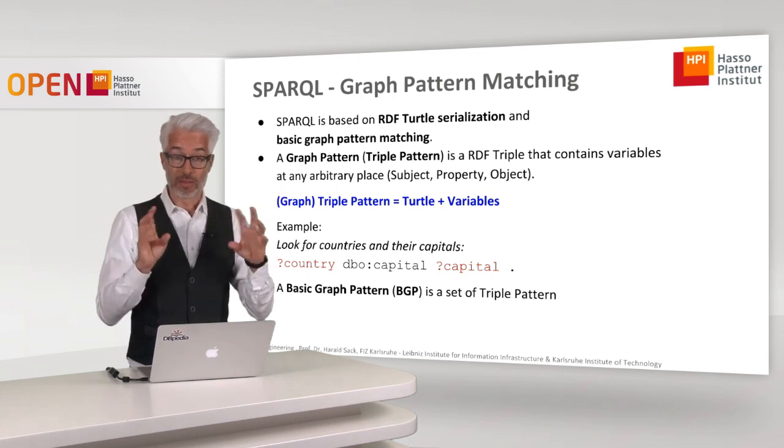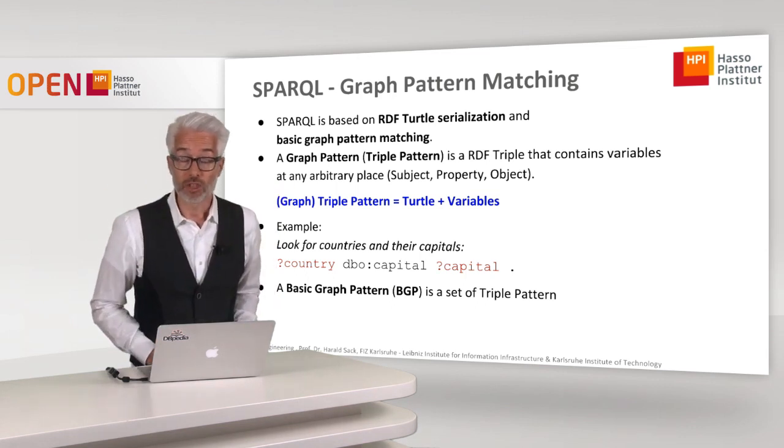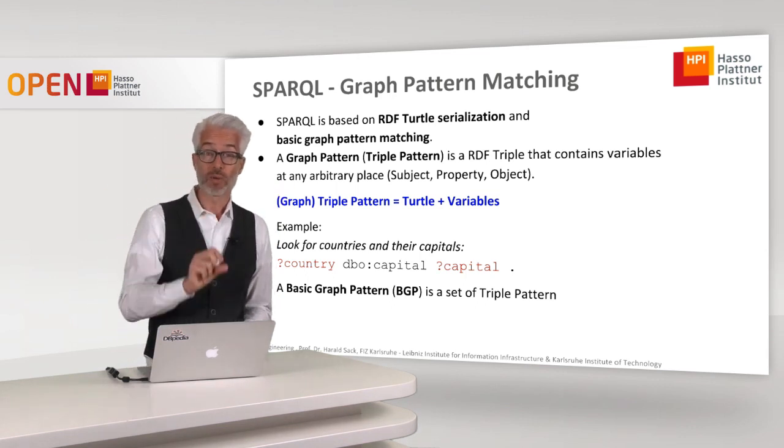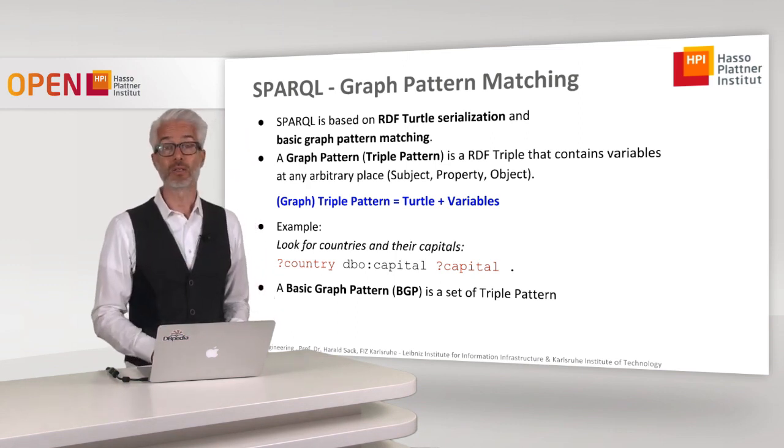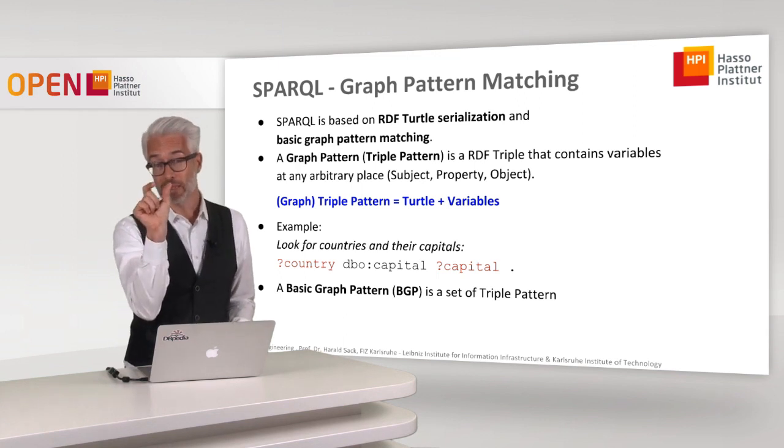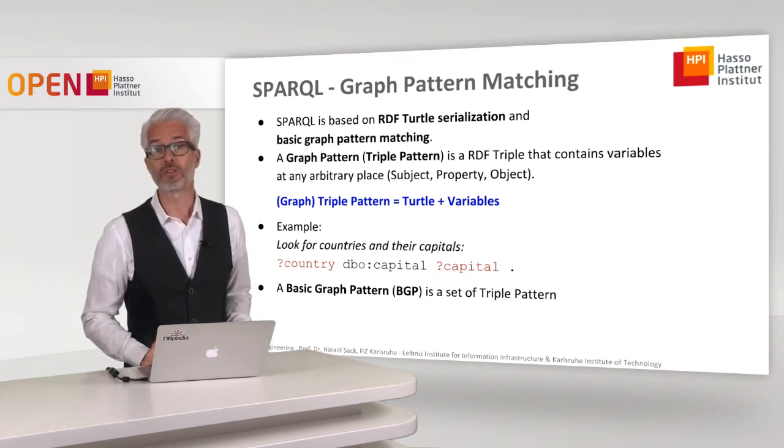And definitely what our graph pattern matcher does is it compares whether the property of the returned really is DBO capital. And only those triples which contain DBO capital as a property will be returned.